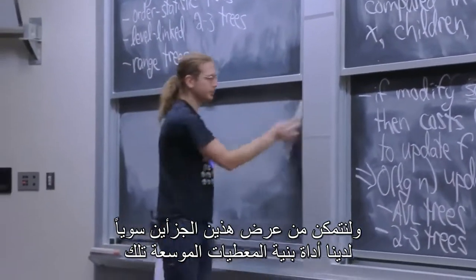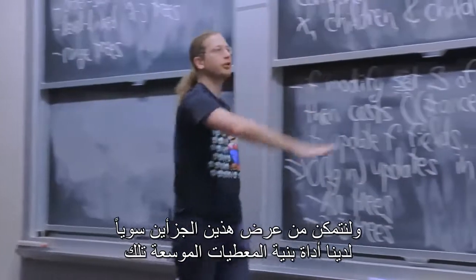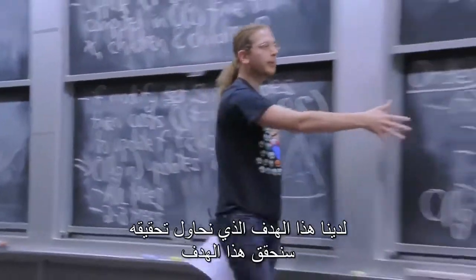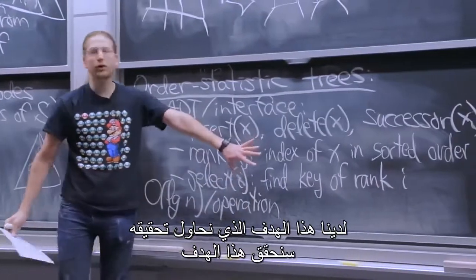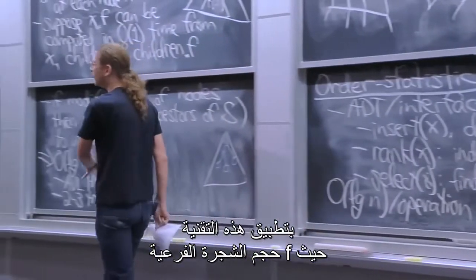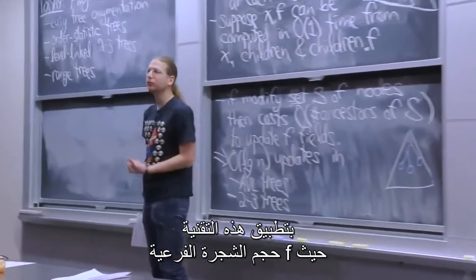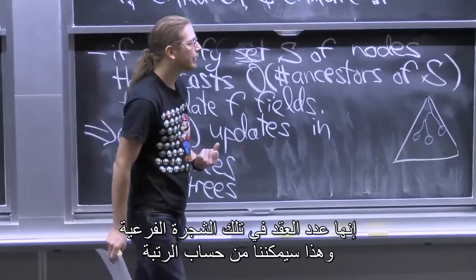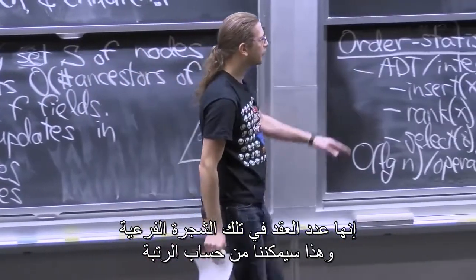And just to plug these two parts together, we have this data structure augmentation tool. We have this goal we want to achieve. We're going to achieve this goal by applying this technique where f is just the subtree size, the number of nodes in that subtree, because that will let us compute rank.